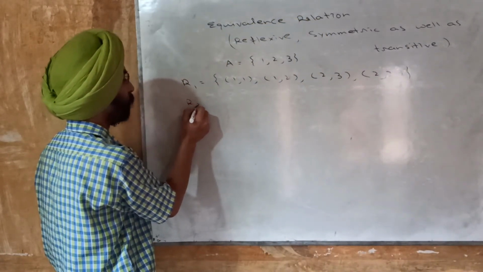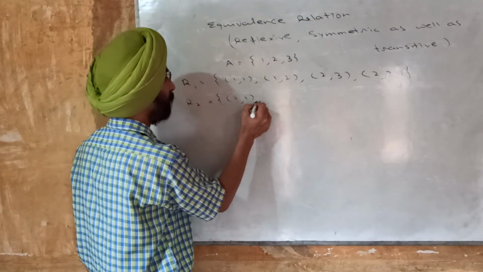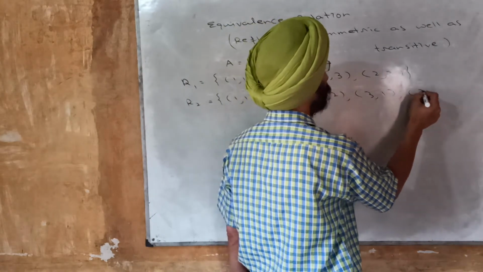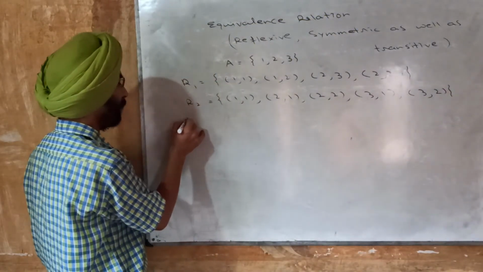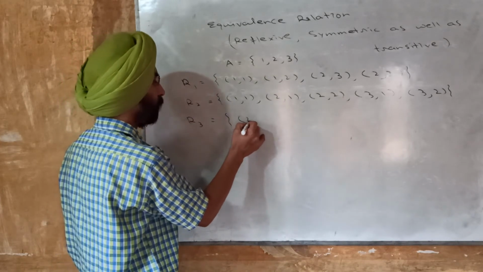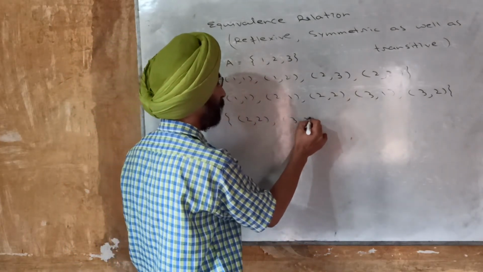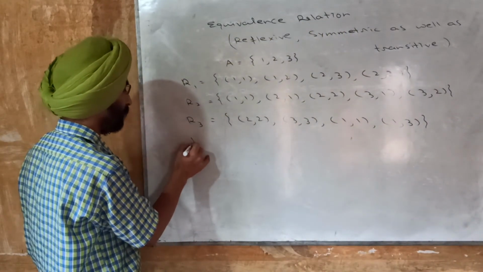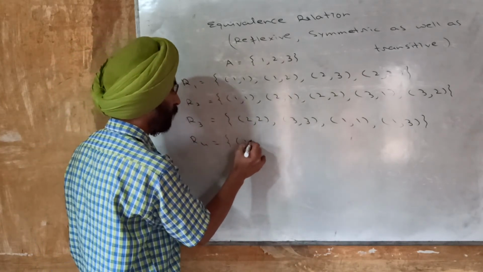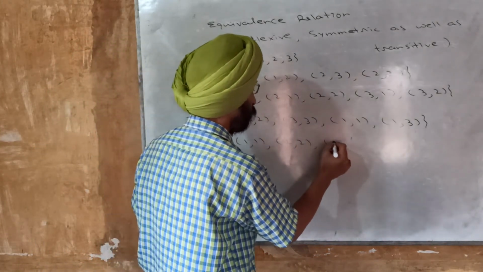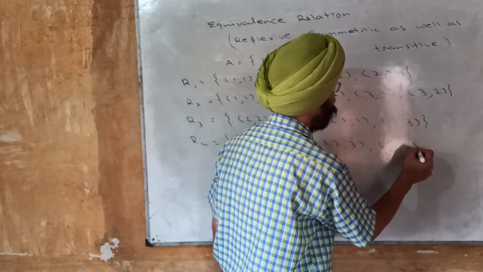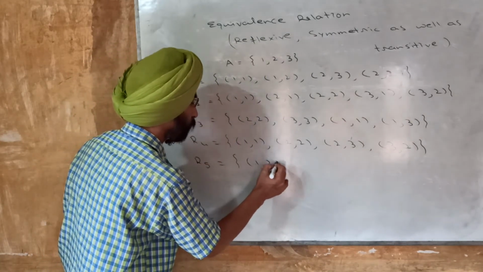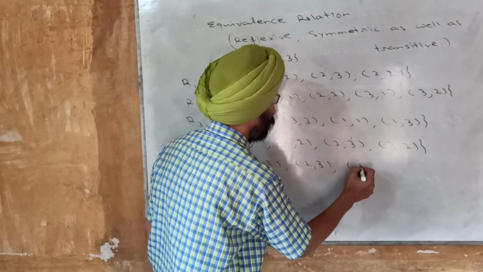Second relation, I am going to write it here: (1,1), (2,1), (2,2), (3,1), (3,2). Third relation, I am writing here R3, that is (2,2), (3,3), (1,1), (1,3). Then I am writing another relation R4: (1,1), (2,2), (2,3), (3,2). I am going to write another relation R5: (1,2), (2,3), (1,3).